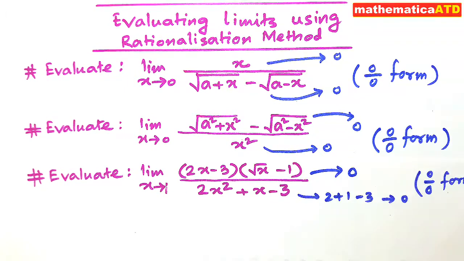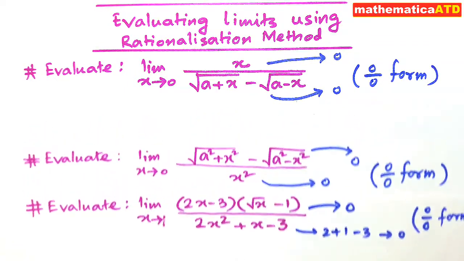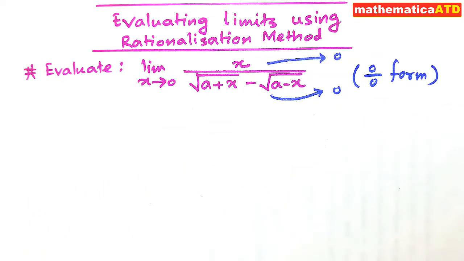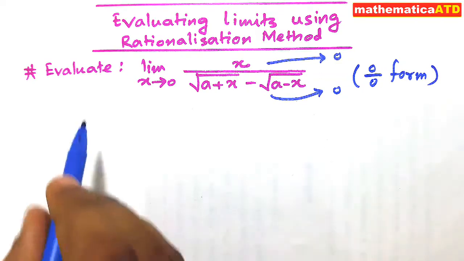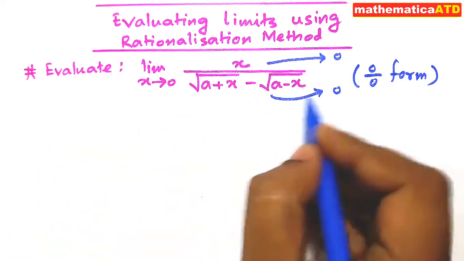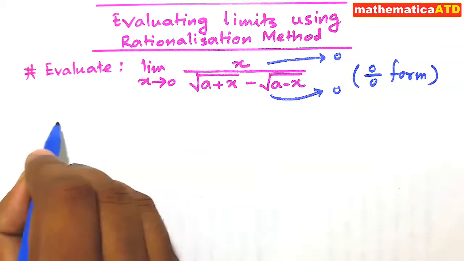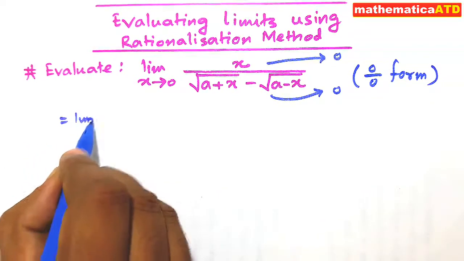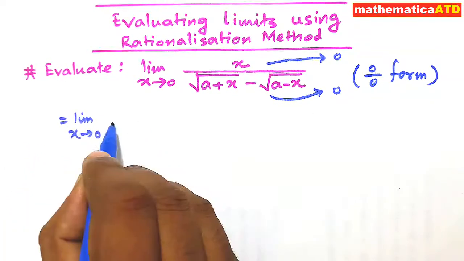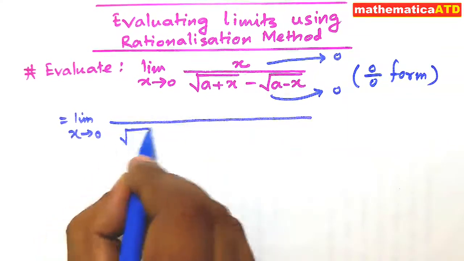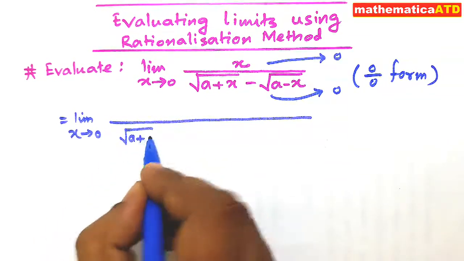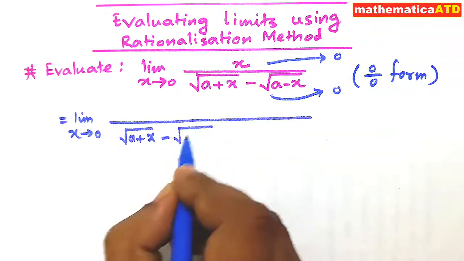Our first example is limit x tends to 0 of x by root over a plus x minus root over a minus x. Okay friends, so let's start with this one. So first of all, what to do? We shall rationalize the denominator. This is equal to limit x tends to 0 of x, over the actual denominator root over a plus x minus root over a minus x.